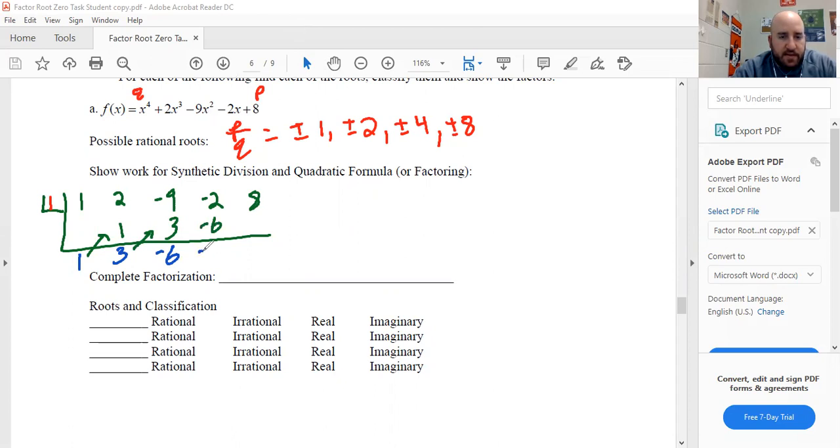Negative 2 and negative 6 is negative 8. Blue negative 8 times red 1 is still negative 8. And 8 minus 8 is 0. All right, so our synthetic worked the first time. So 1 is my first root.